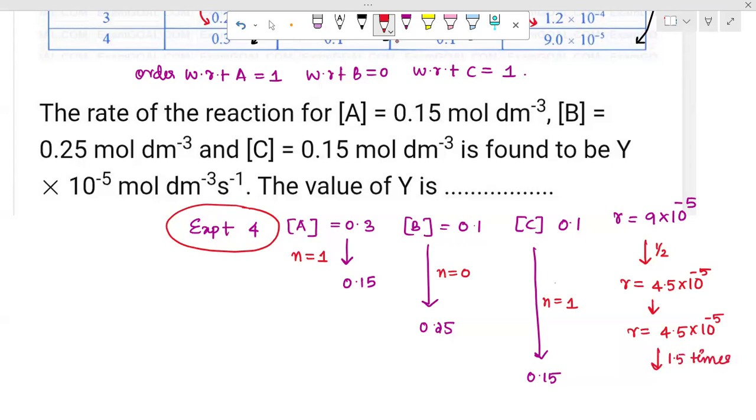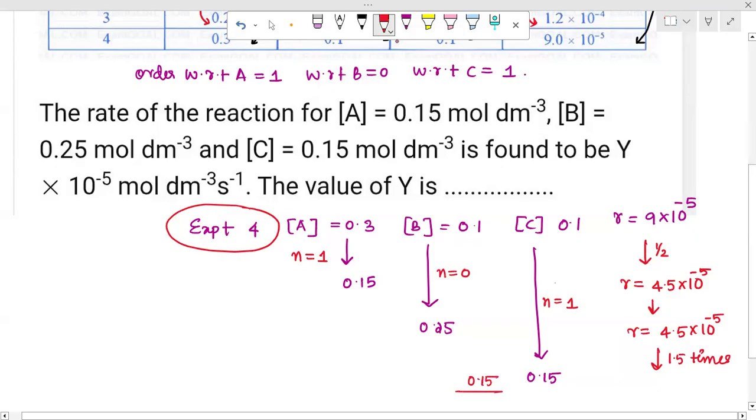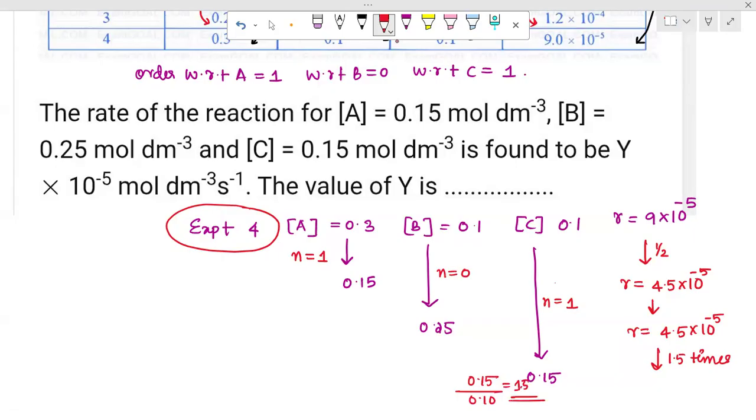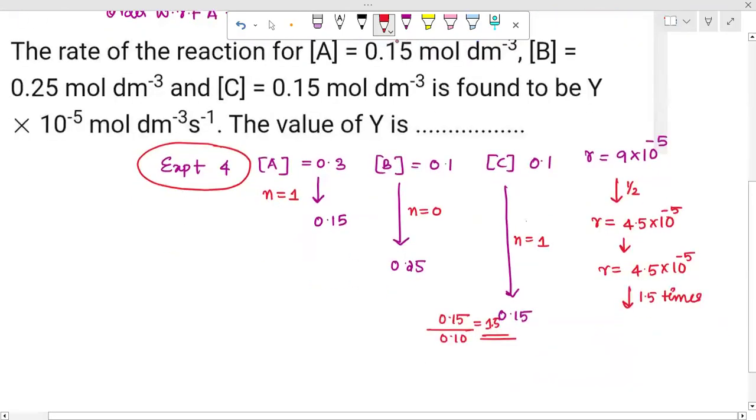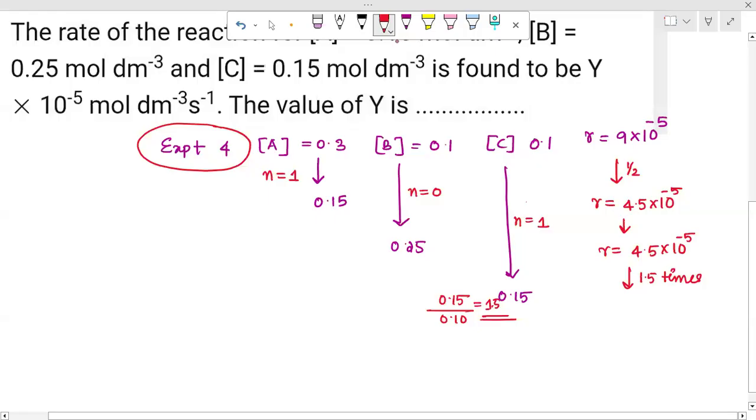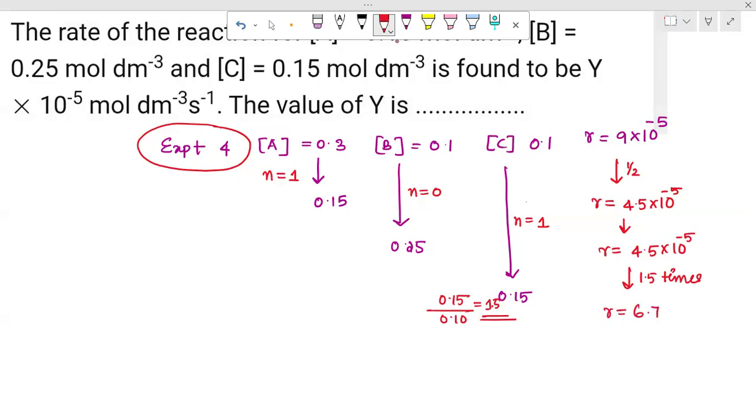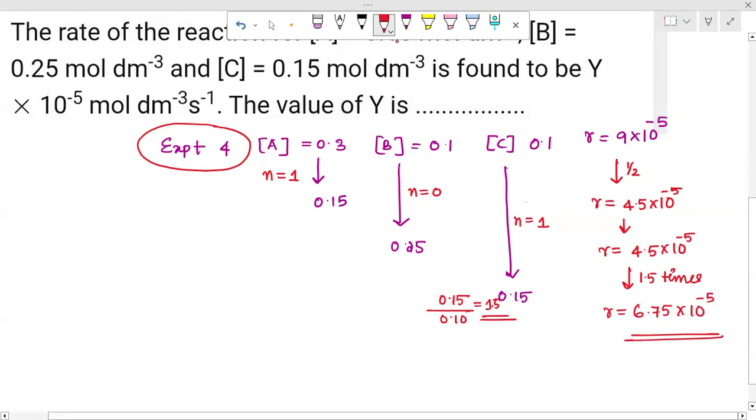Correct? Because the concentration has changed from 0.1 to 0.15, a change by 1.5 times. How do you find that? 0.15 divided by 0.10 is 1.5. So now your rate has changed by 1.5 times, which means 4.5 into 1.5, and you get a new rate which is 6.75 into 10 to the power minus 5 units.